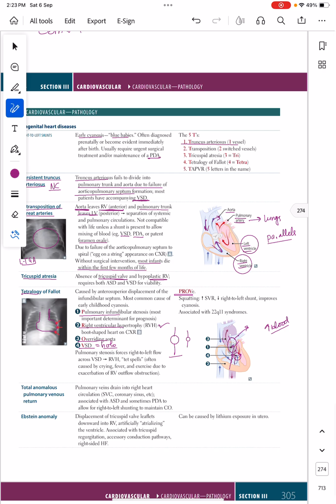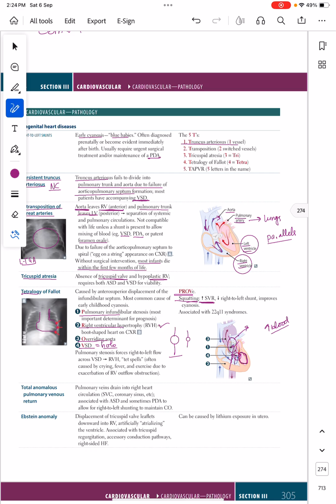Normally, squatting or the knee to chest position helps patients with tetralogy of Fallot. How? When we squat, the systemic vascular resistance increases. When the systemic vascular resistance, or total peripheral resistance, increases, the pressure increases in the left ventricle.